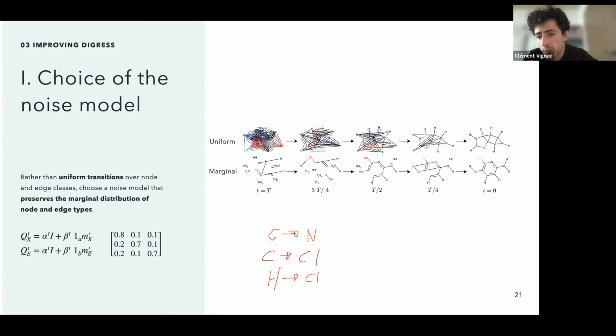I believe that in both cases, it's very pertinent for molecules, and your expert knowledge should go first in the noise model, because that's a place where it will probably really help, and you don't need to change the framework, just the transition matrices that you need to define in a more clever way.